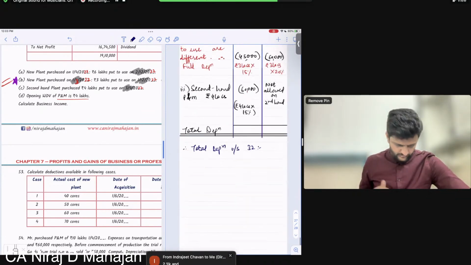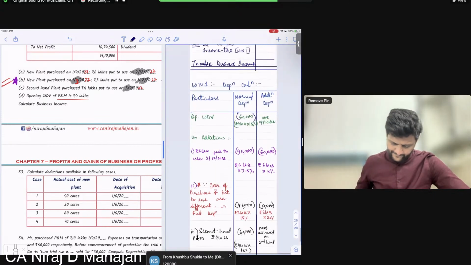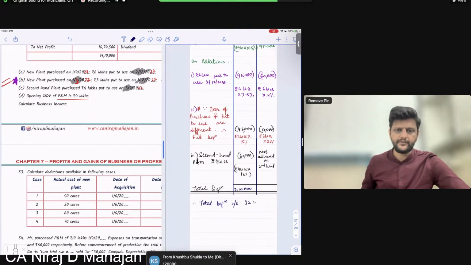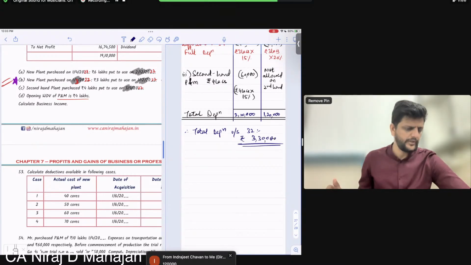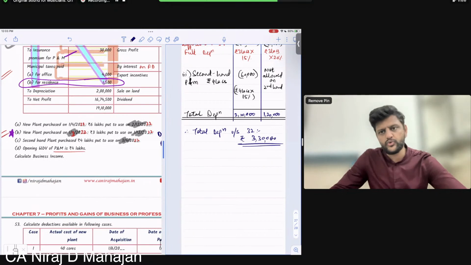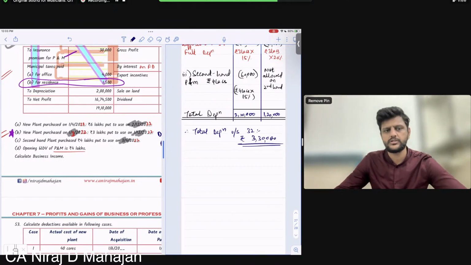Correct. This is how much? 60 and 60, 120. This will be allowed. And book depreciation bachcho was only 2 lakhs. है ना? We are allowing bachcho 3,30,000. Yes, Celia? Fine.